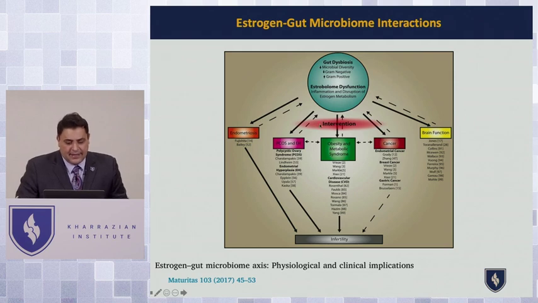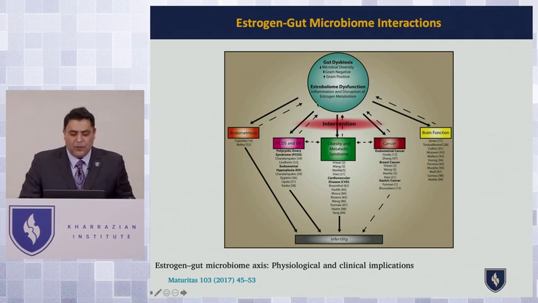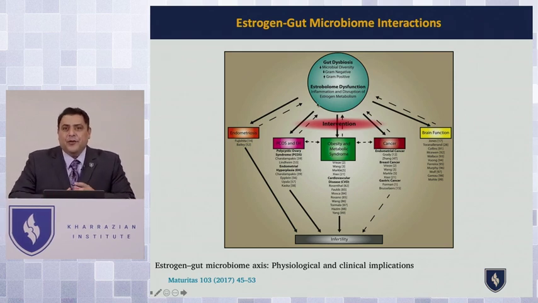So the estrobolome is a series of bacteria in the gut that regulate estrogen metabolism. So there's an entire field of researchers just studying how gut bacteria regulate estrogens and the impact they have on infertility.